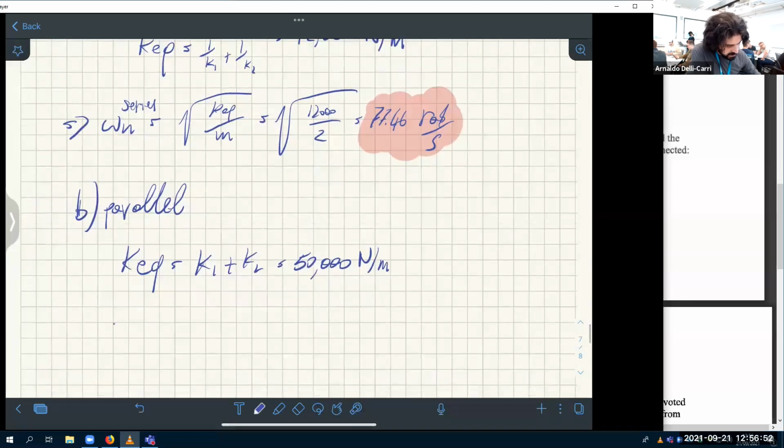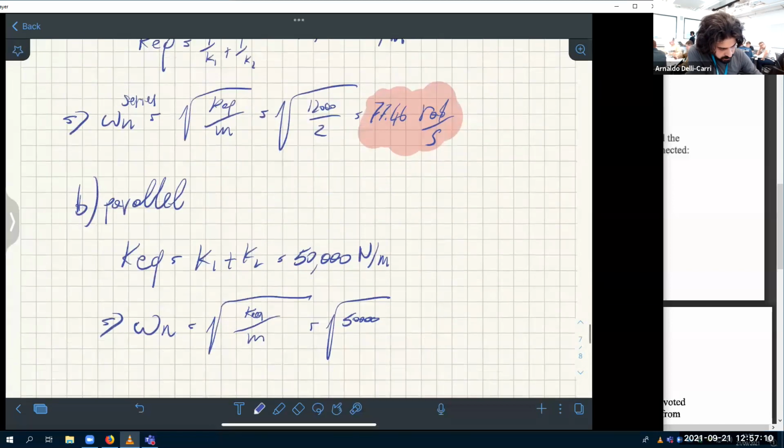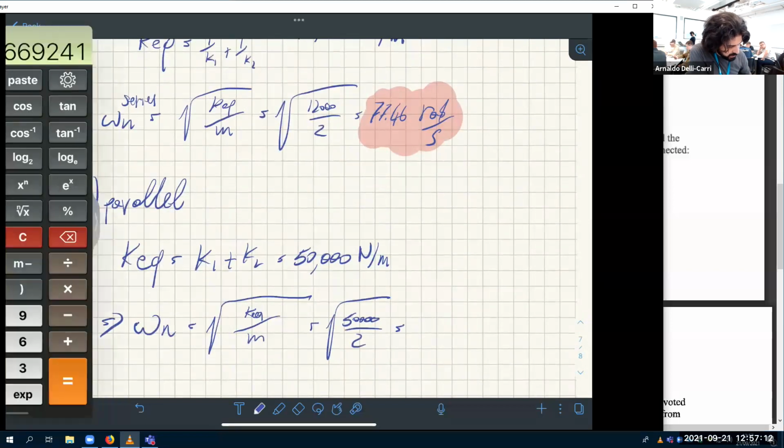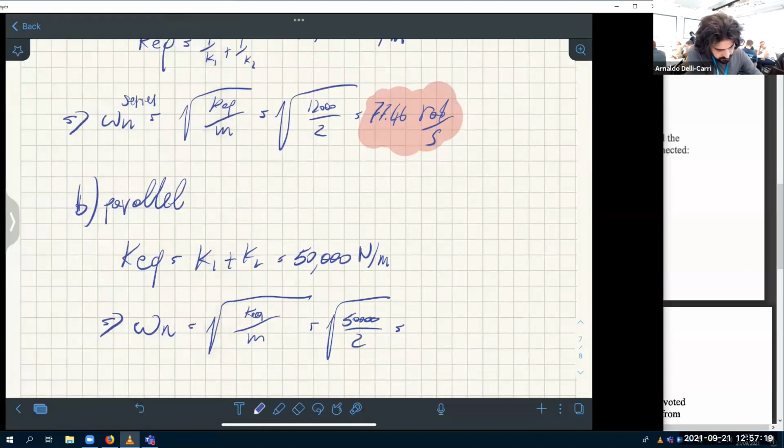And so that means that the natural frequency is the square root of K equivalent over mass, is the square root of 50,000 over 2, which is 25,000 under square root, 158.11 radians per second.